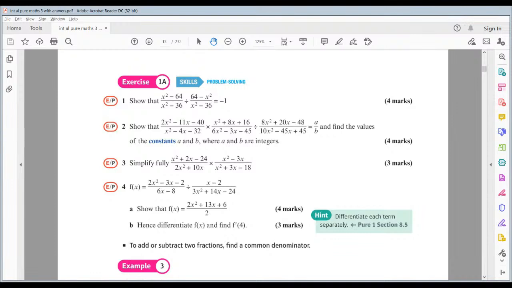Show that, find the values of. How will I do this? Wait, so first I will multiply the first two, then I will bring in the third one.